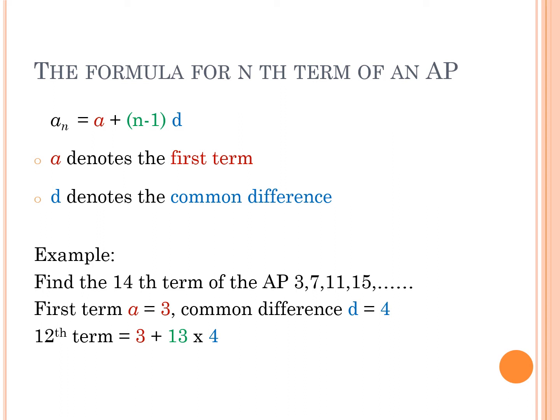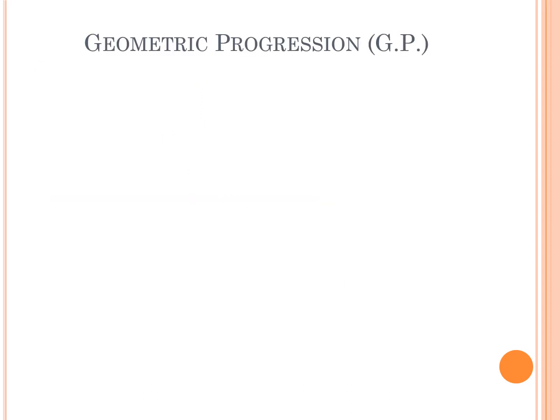So the 14th term can be obtained using the formula a plus (n minus 1) times d, where a equals 3, n equals 14, because we have to find the 14th term of the AP. So n minus 1 equals 13 and d equals 4. So the 14th term we obtain as 55.